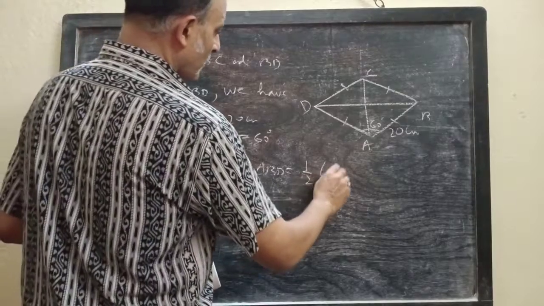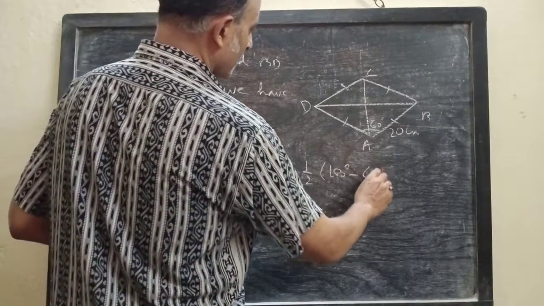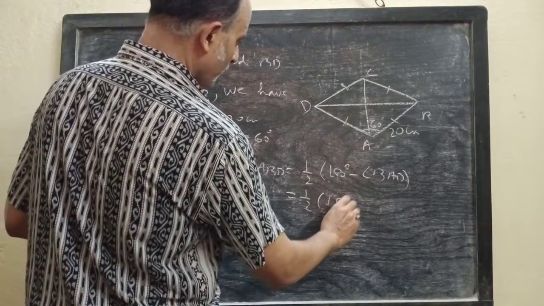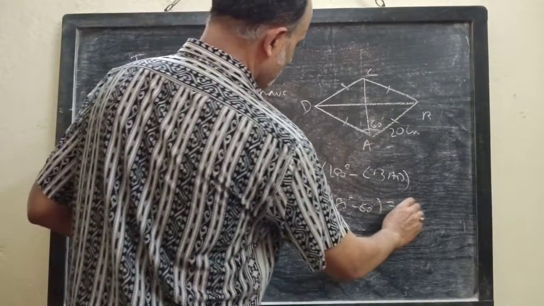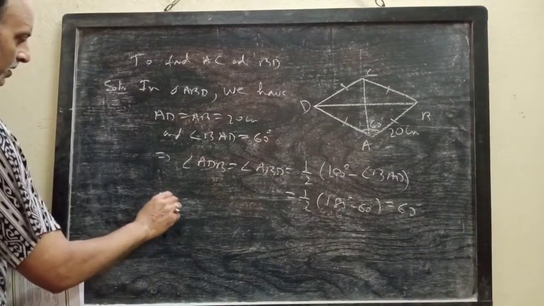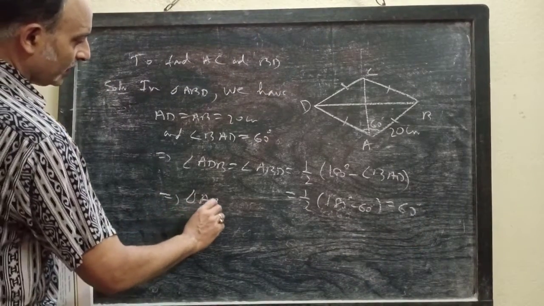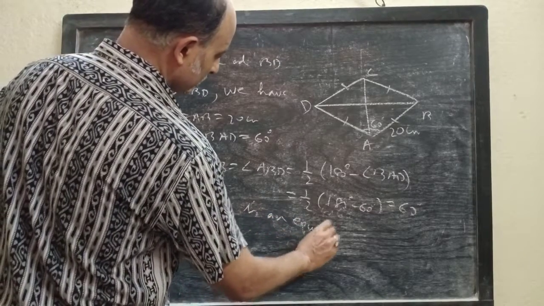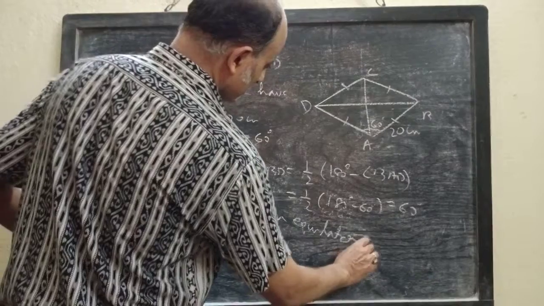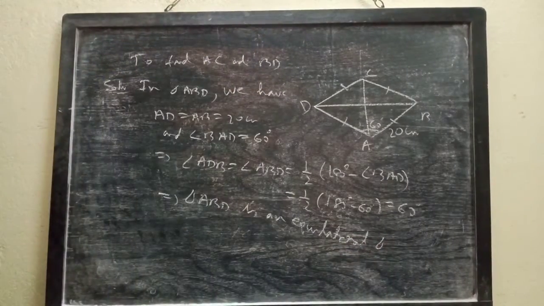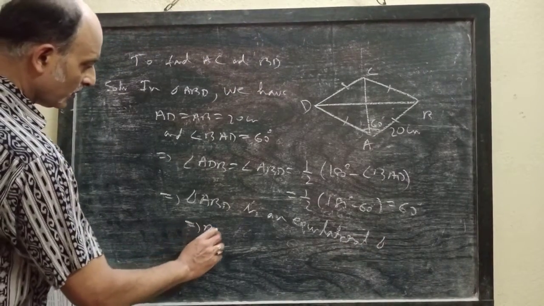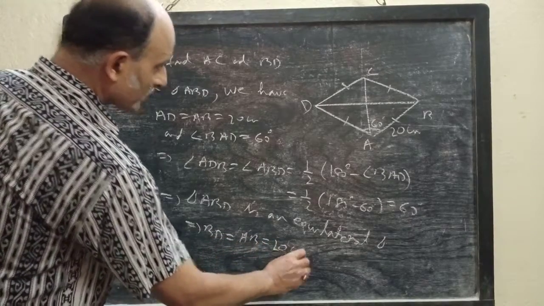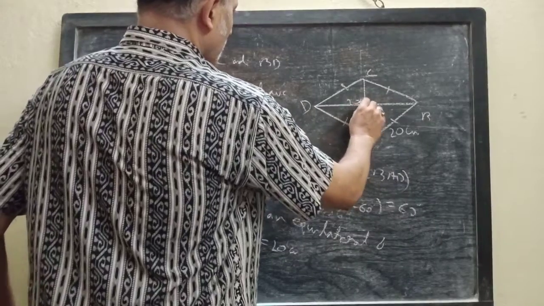The measure of each angle will be half of 180 degrees minus angle BAD. Half of 180 degrees minus 60 degrees, that is ultimately 60 degrees. This implies that triangle ABD is an equilateral triangle, which implies BD equals AB equals 20 centimeters. So we get the length of diagonal BD.